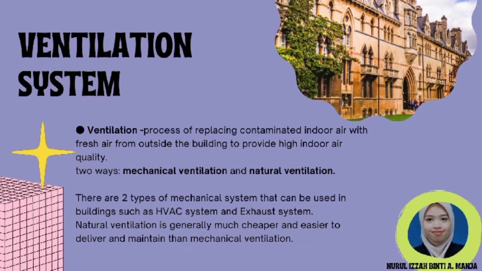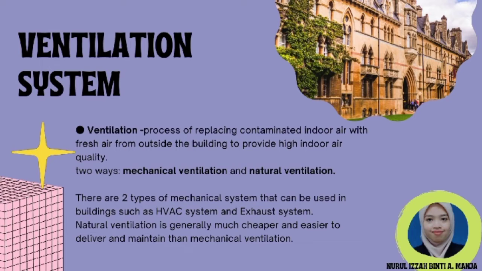In mechanical ventilation, the airflow is distributed by means of a fan and ductwork arrangement throughout the building and then distributed in the room via a thermal device or diffuser. There are two types of mechanical system that can be used in the building, such as the HVAC system and the exhaust system.